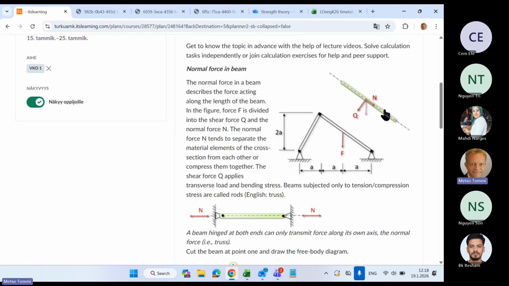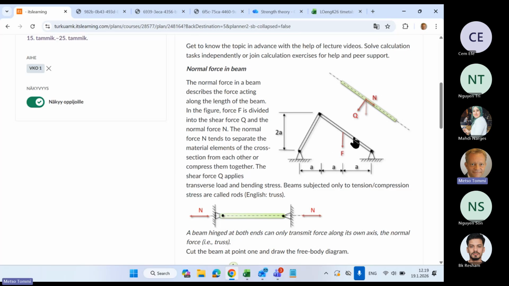So the normal force is acting along the length of the beam, and shear force is at a 90 degree angle to the normal force. And these pictures you have seen before in autumn when we were learning statics.